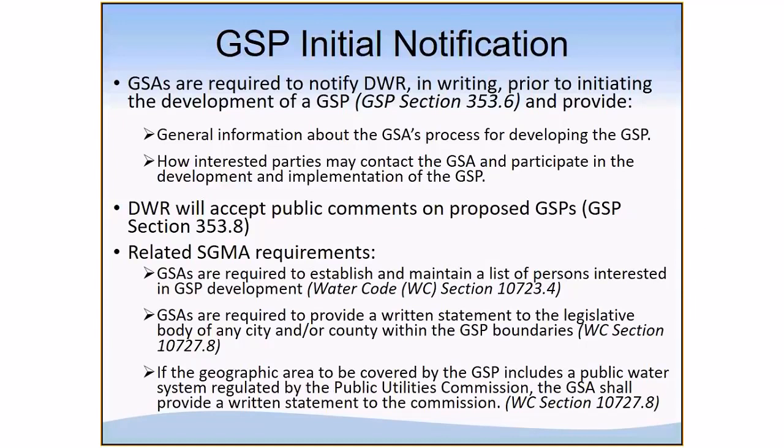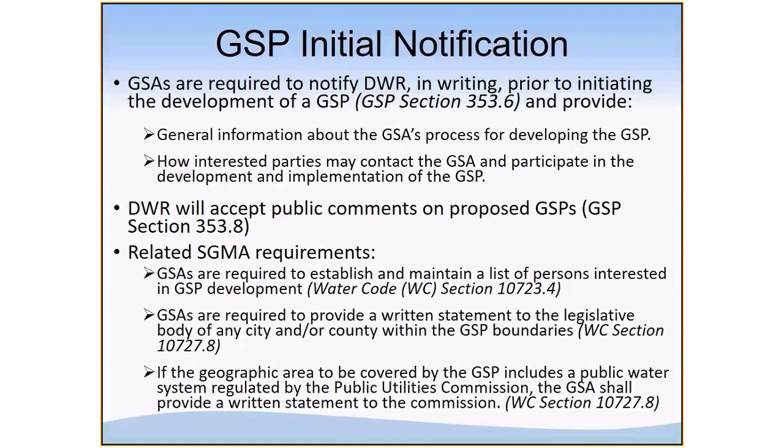However, when the GSAs go to submit their official GSP to the department, that will set off another specific 60-day public comment period. So there is a difference between the initial notification process and the official GSP submission to the department.